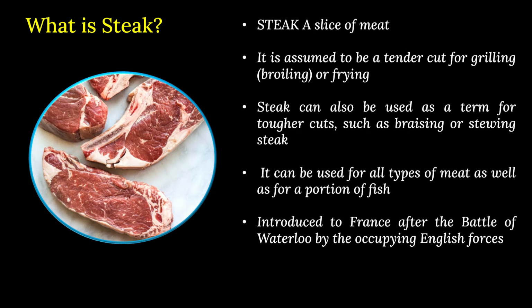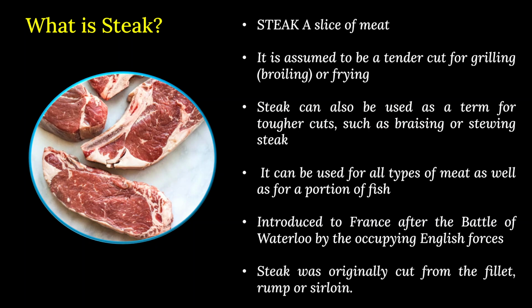How has the steak come about? It was introduced to France after the Battle of Waterloo by the occupying English forces. Okay, there is a little bit of a history anecdote attached to this. And steak was originally cut from the filet, rump or sirloin.